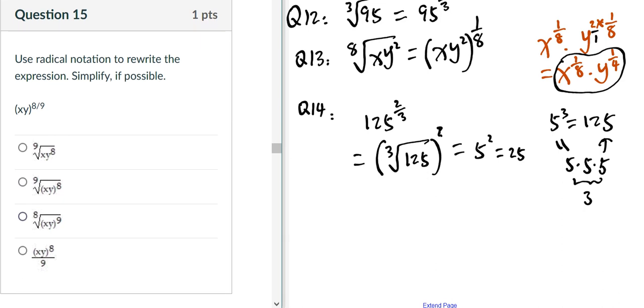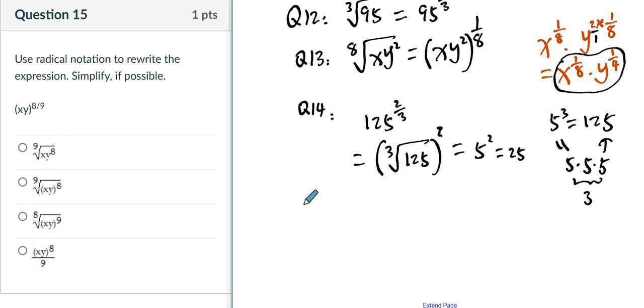Now, question 15. Question 15, we want to use radical notation to rewrite the expression and simplify if possible. So here we are given an expression with the rational exponent.